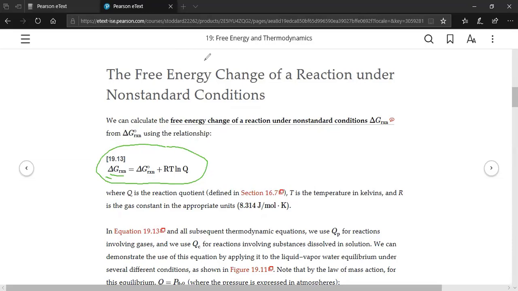In order to use that formula, we first calculate standard delta G, which we just talked about doing in the last section. There's 2 ways to do it, depending on the temperature. But then you also need this thing here, the Q. Remember that Q is a reaction quotient.